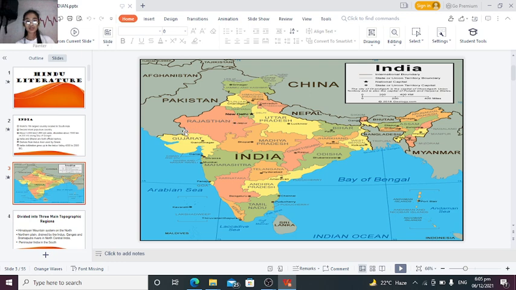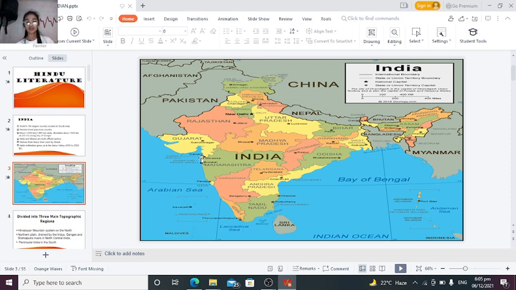And of course, as we can see, the lines are the borderline or international border of the country. This part is the Bay of Bengal, and this part is where the Himalayas are found.